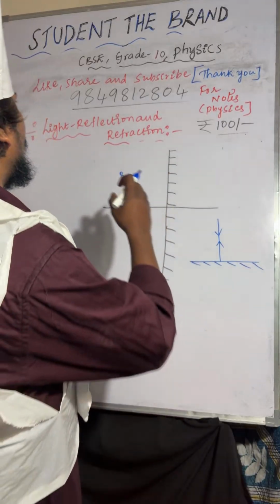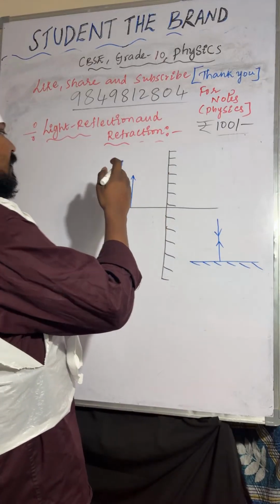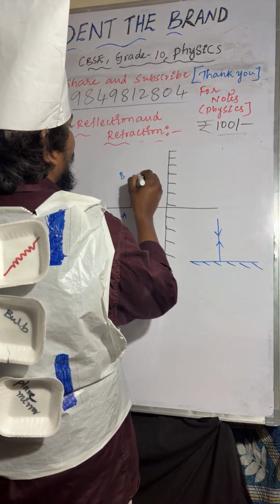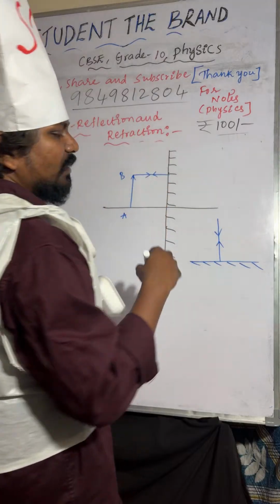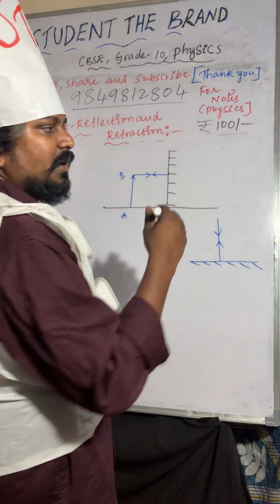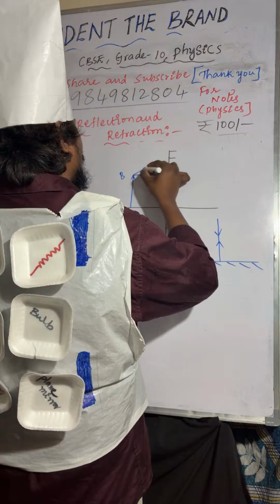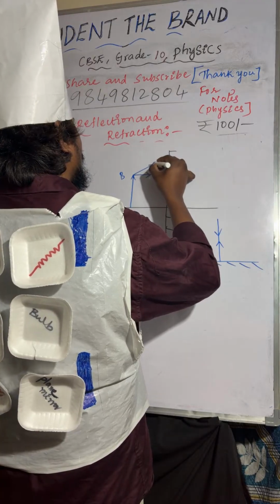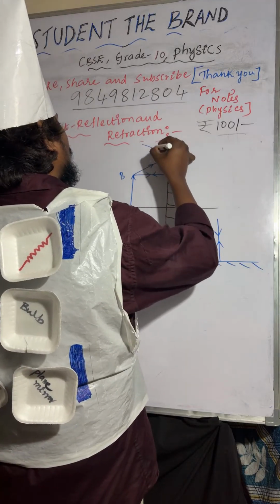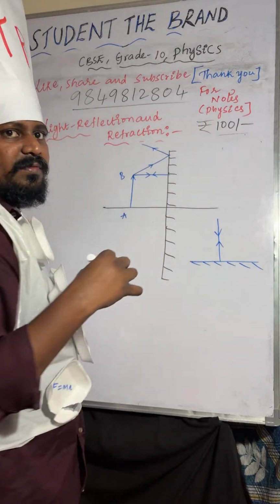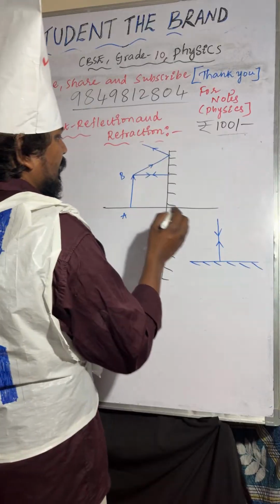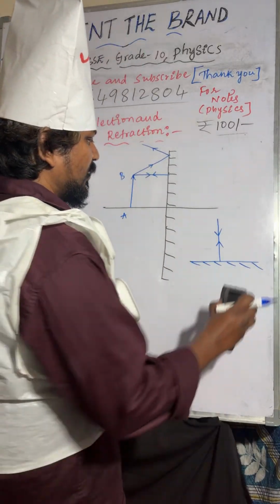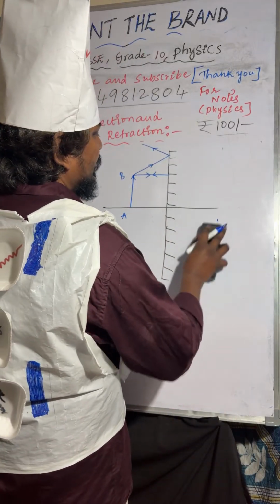Here also you can see how many light rays are required. So I am taking one light ray here. So incident ray, reflected ray, incident ray, reflected ray, and I am taking one more. After that it's reflecting back.